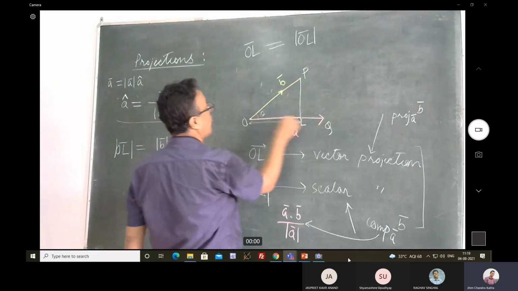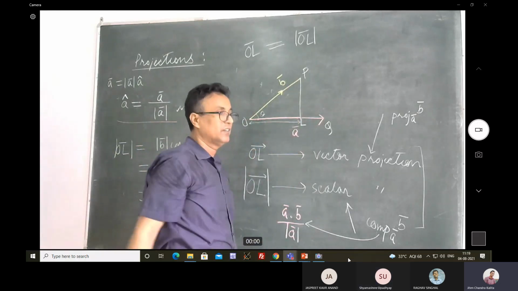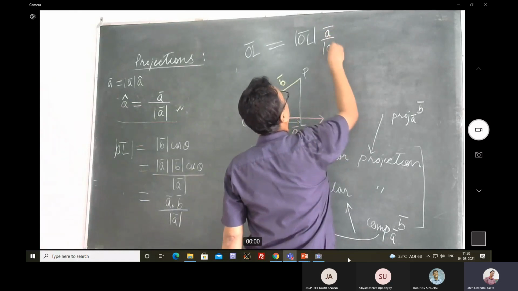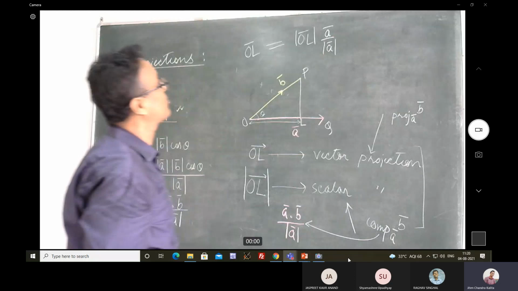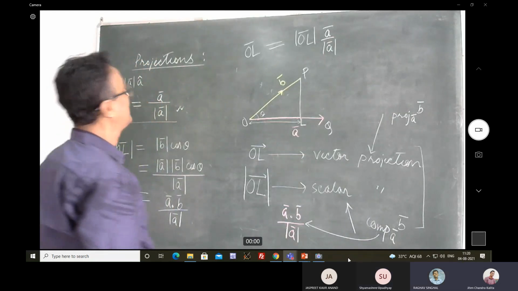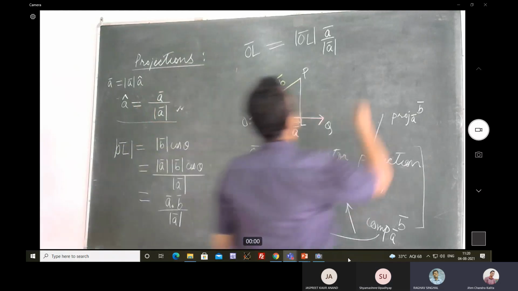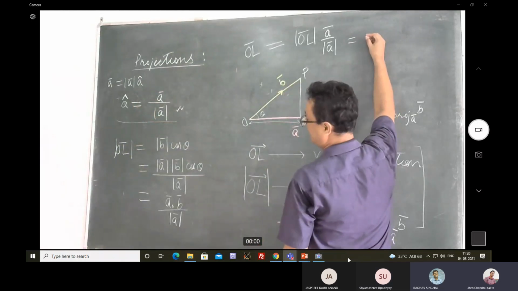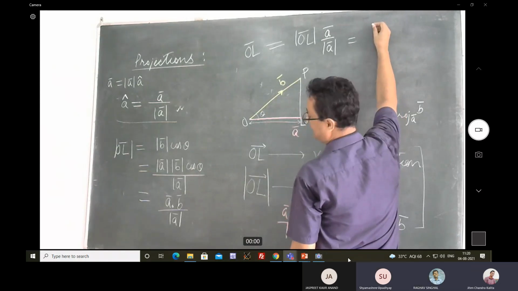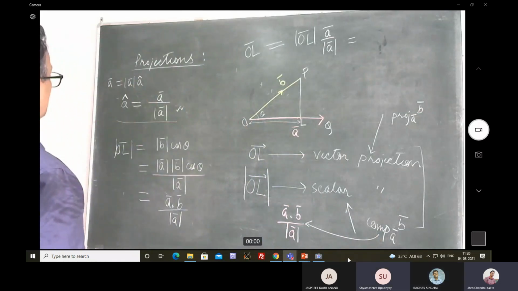And a unit vector along OL is nothing but a unit vector along OQ or A, right? And that is simply nothing but this. Is it okay? Fine. And from here, I have already found out that OL is simply A dot B upon mod A.